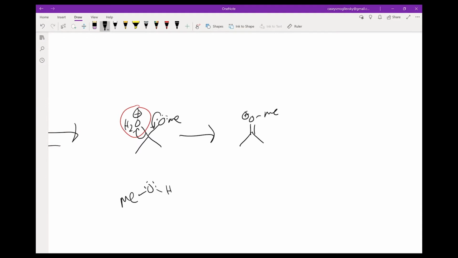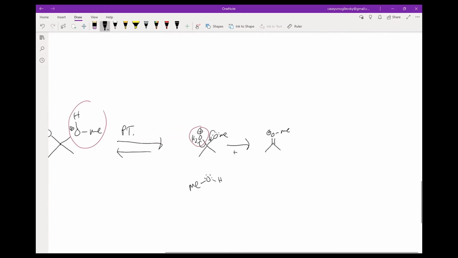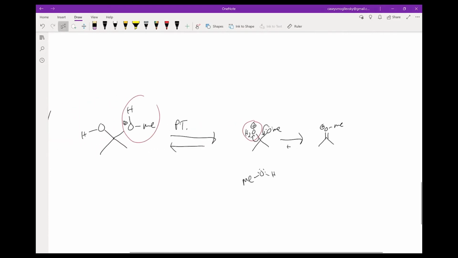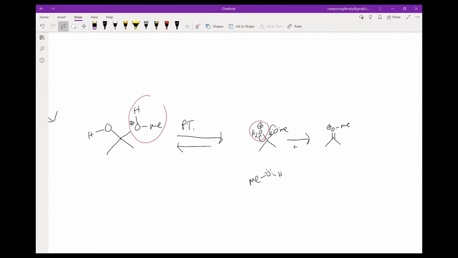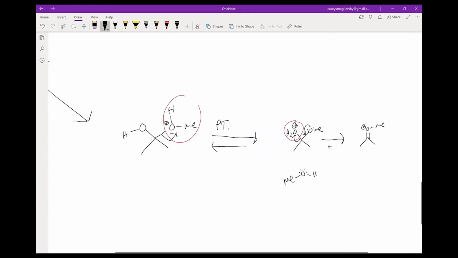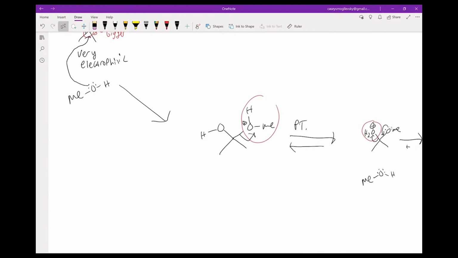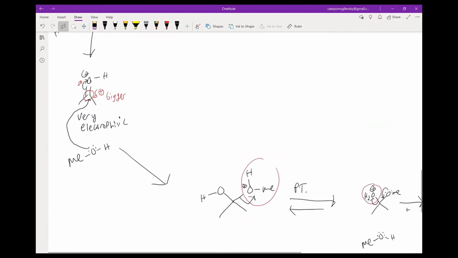Very, very small equilibrium error. Pretty much not an equilibrium reaction. So I guess now you can see why if we just eliminated this thing, we would get back to here. And certainly that can happen. And so this is actually also an equilibrium reaction.